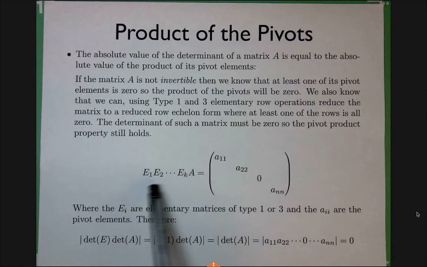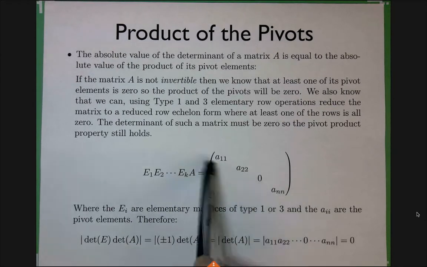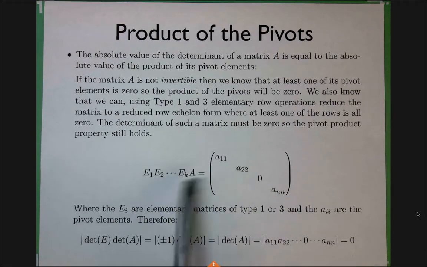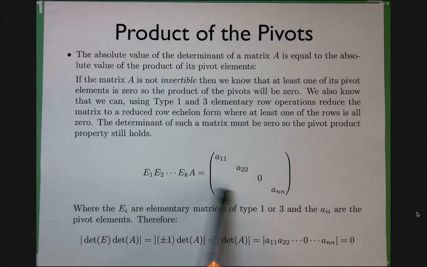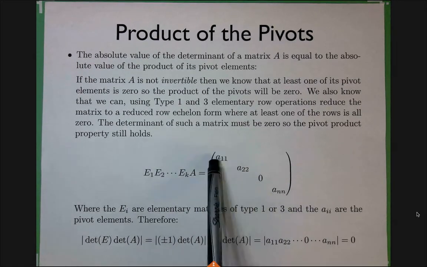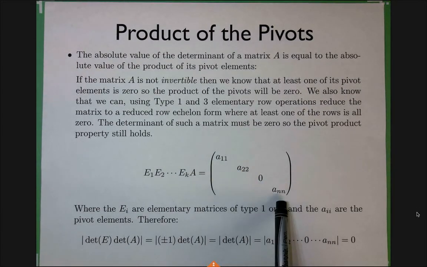Then I reduce the matrix to this diagonal form, and the determinants have to be the same for these two matrices. And the determinant of this one is 0 because I just multiply all these diagonal elements and I get 0.